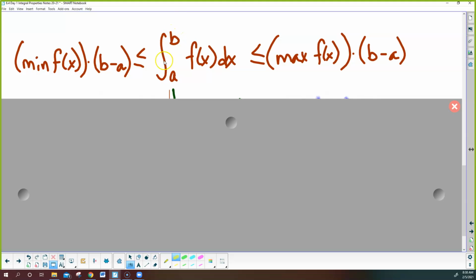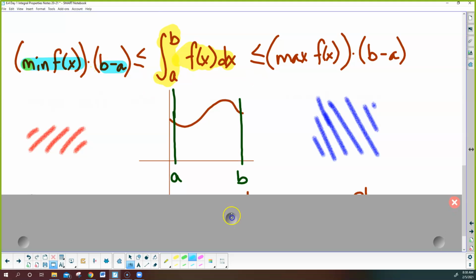So let's say that I've got the area underneath the curve from a to b of f of x. Well, if I take the lowest value, and times it by the difference from a to b. So let's look at this as a visual here. And if I take the lowest value, so where is the lowest value?